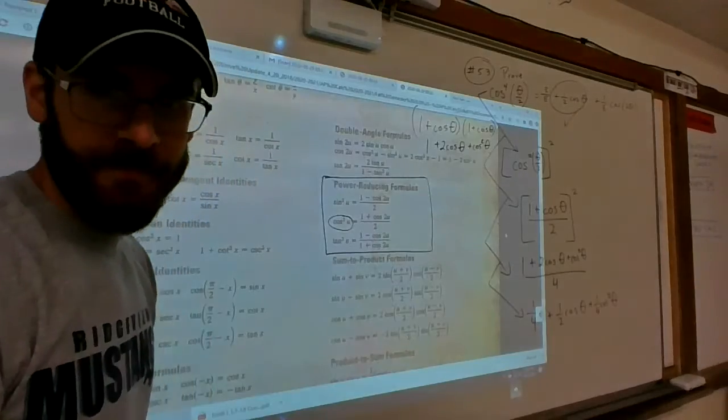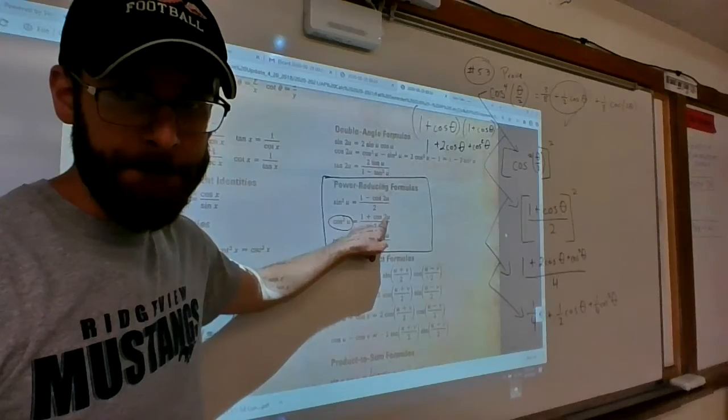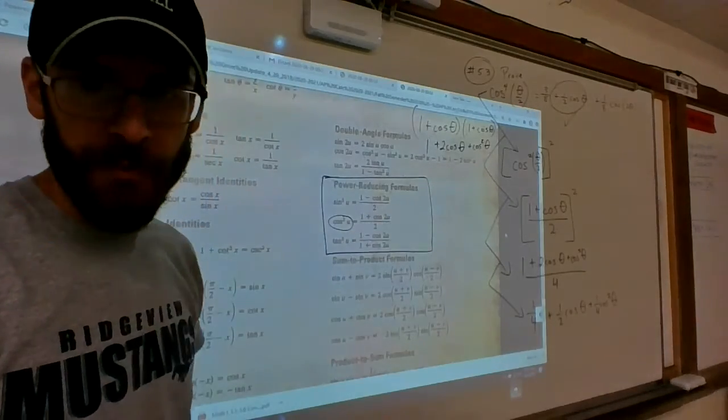We just used it. Cosine squared of theta goes to cosine of 2 theta. So that's what we're going to do.